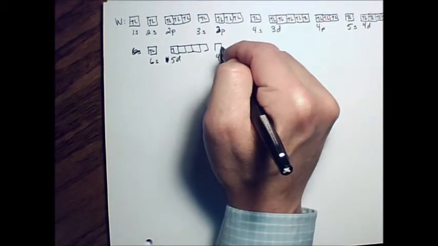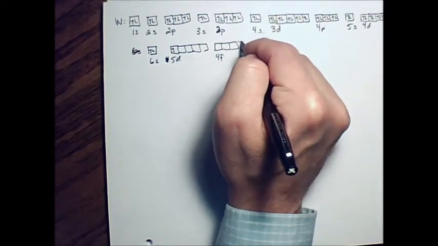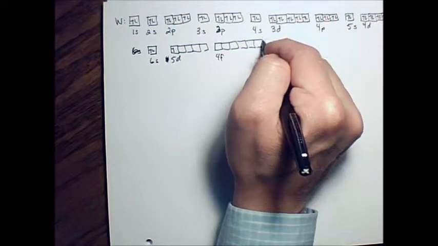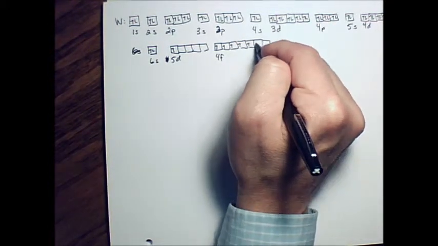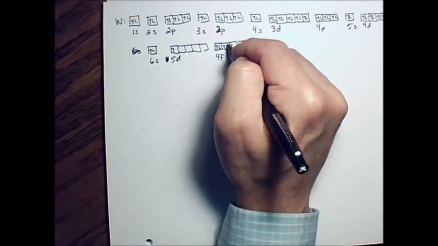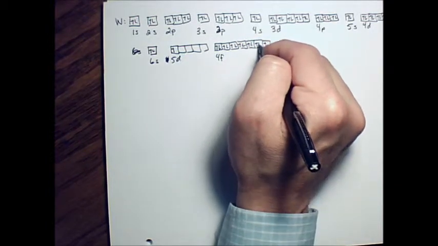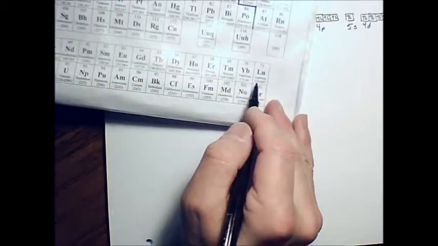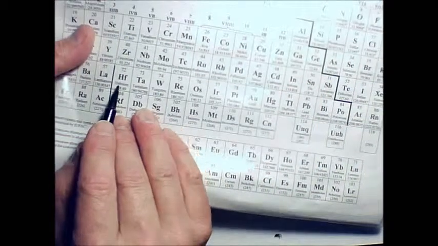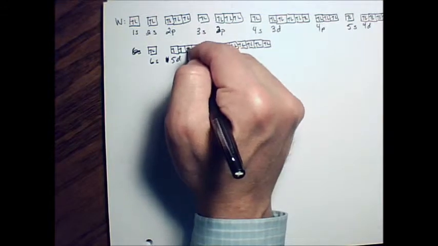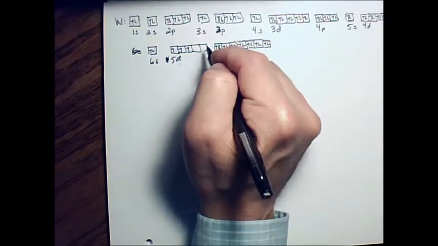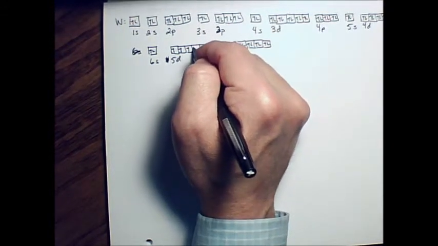And I need 7 of these orbitals. So I finished up down here to lutetium. Going back up here to hafnium now to put an electron here, an electron here for tantalum, and finally an electron here for tungsten.